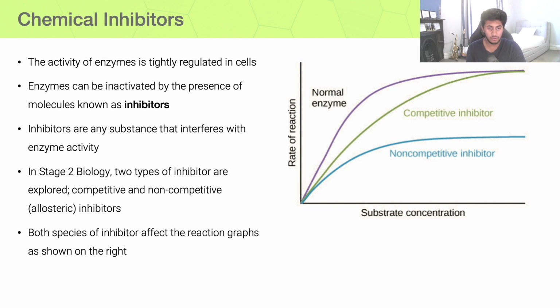But in stage 2, we look at two types of inhibitor: competitive and non-competitive, or allosteric inhibitors. Both types of inhibitor affect the reaction graphs as shown on the right. So obviously, competitive inhibitors reduce the reaction rate a little bit, and non-competitive inhibitors reduce the reaction rate quite a lot. You don't need to know how to draw this graph, but I thought I'd include it just to help you understand how inhibitors work.